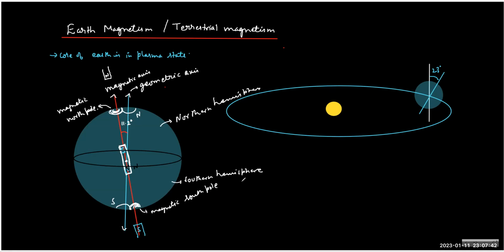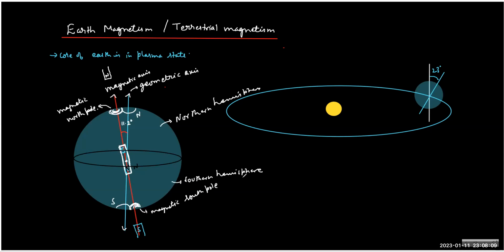Now, what is the speciality of the northern hemisphere? If you are in the northern hemisphere, how will you come to know technically that you are in that part of Earth? Any guess? I give you a magnetic compass or a magnetic needle, and you have to tell me which part of the Earth you are in, northern or southern.